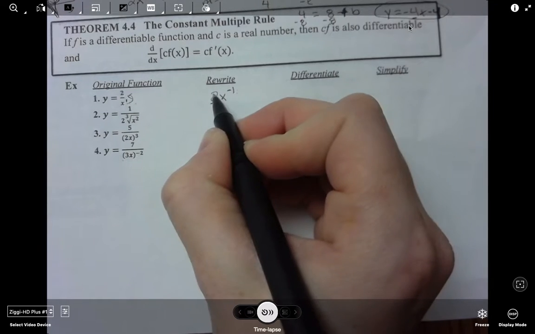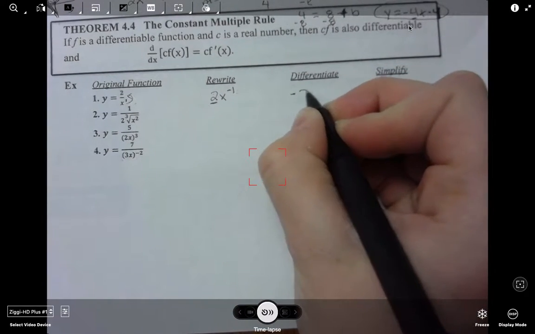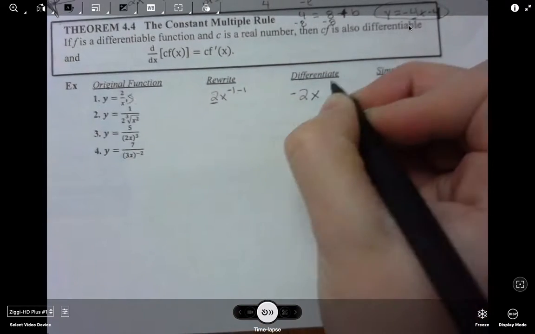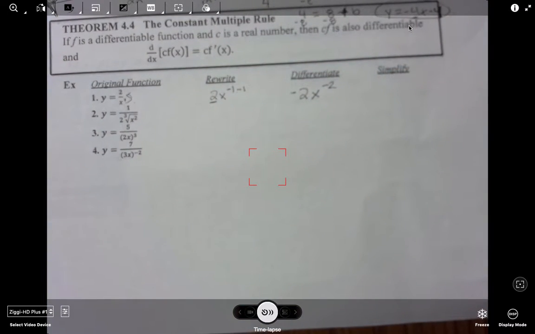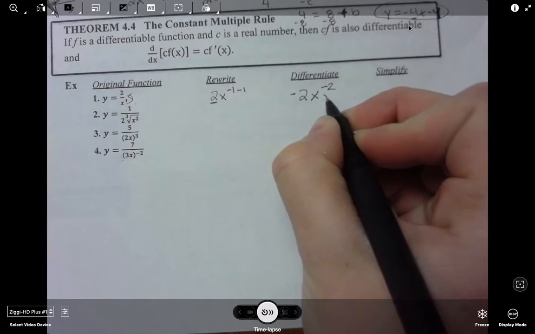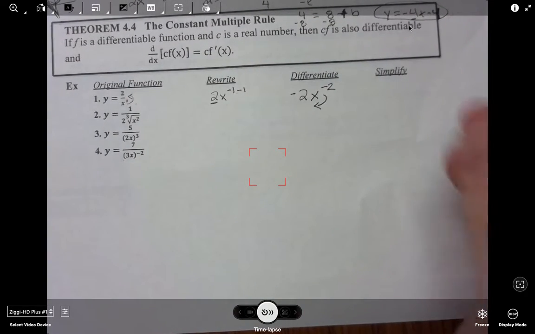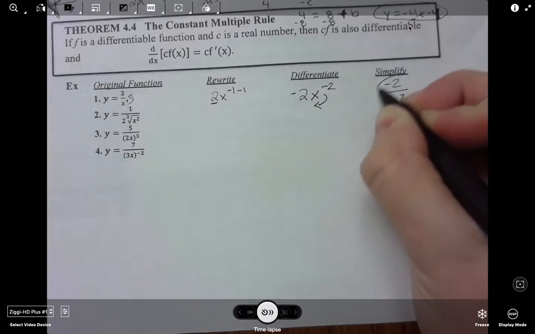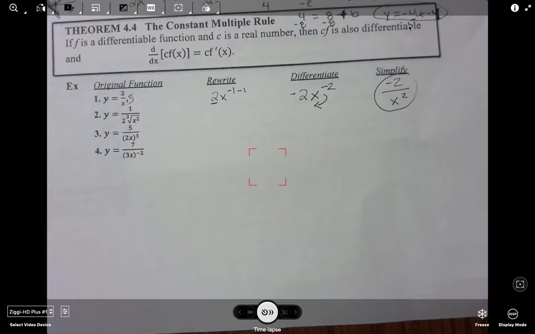So negative 1 times 2 is negative 2x, and I subtract 1 from the exponent. That gives me negative 2x to the negative 2 power. If I simplify that, I want to move it back down to the bottom so that it becomes positive again. So I have negative 2 over x to the positive 2, and that is simplified.